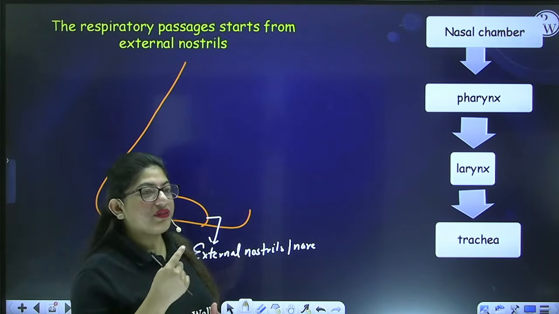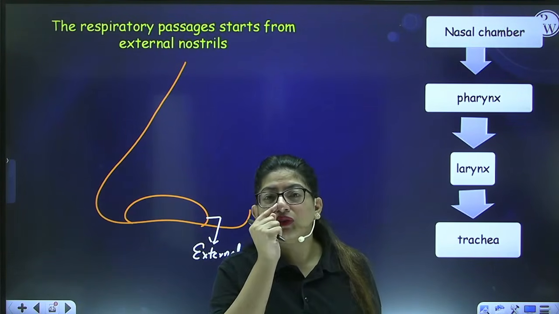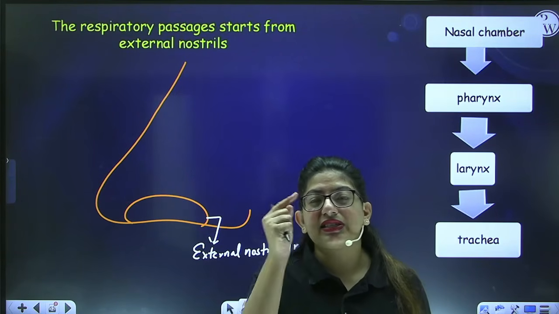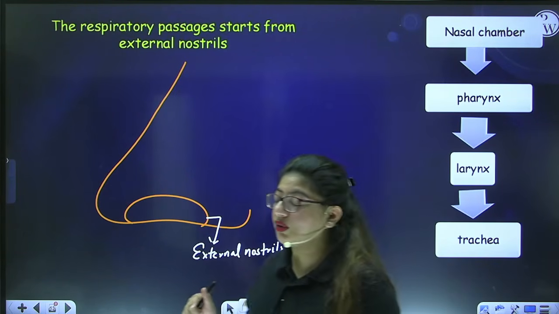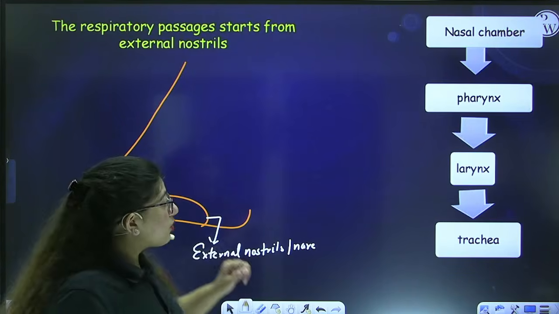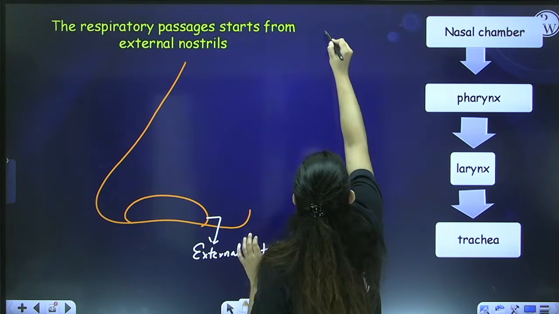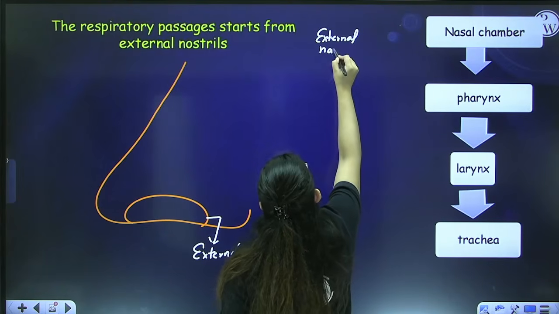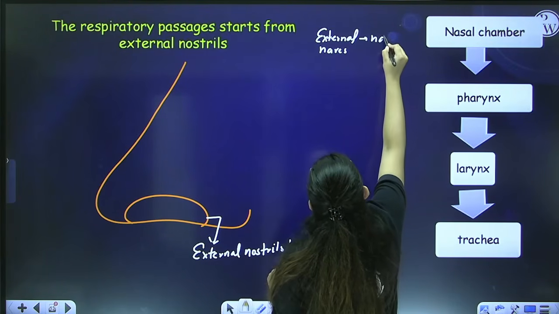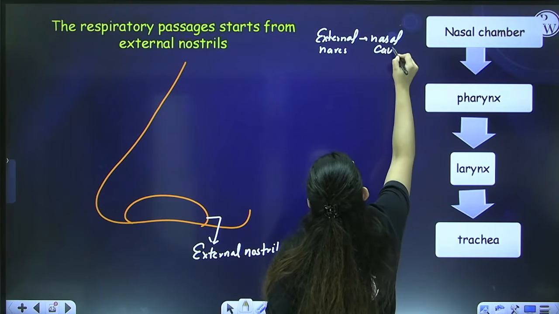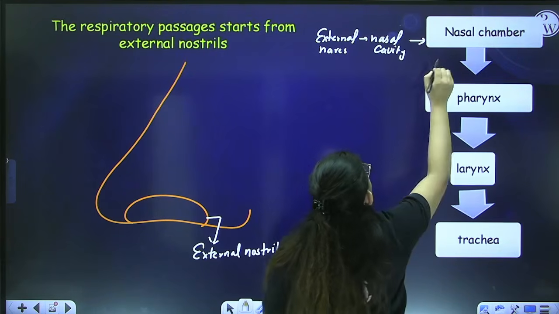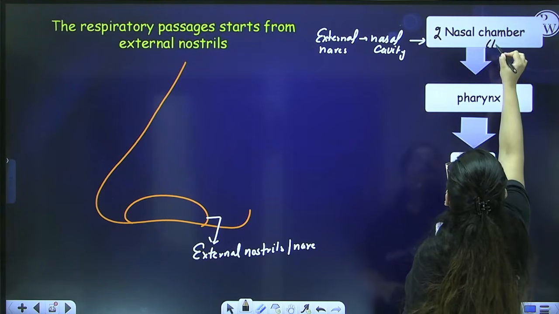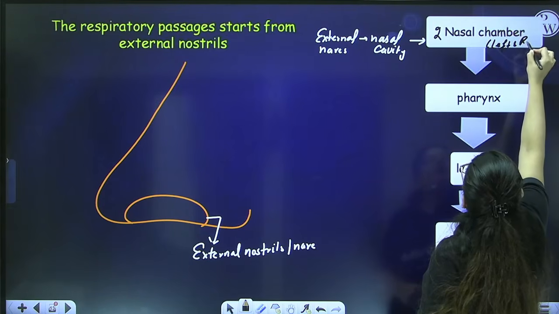If you have ever touched your nose from inside, you feel a wall in the center, and that is the nasal septum. It is also made up of cartilage. What is it made up of? Cartilage. So we have external nares, which lead to the nasal cavity, and the nasal cavity is divided into two nasal chambers, left and right.